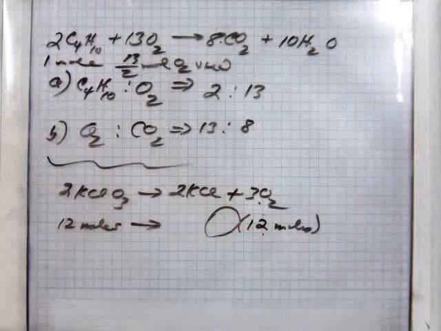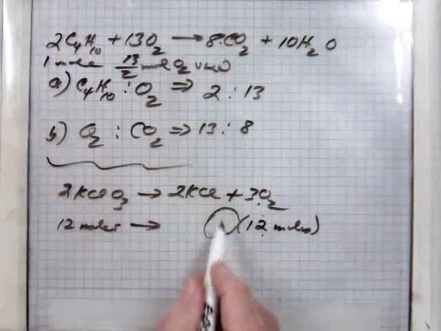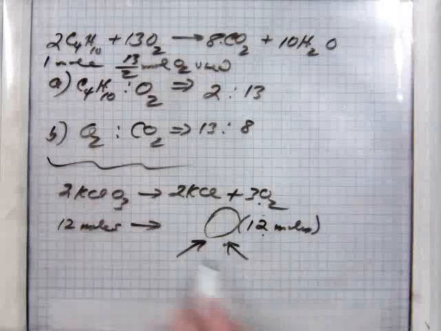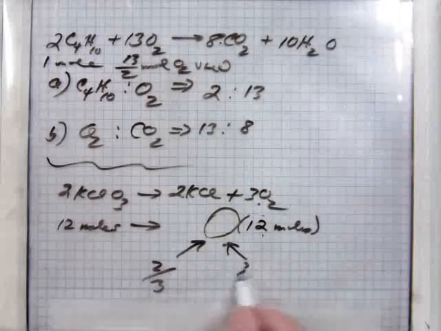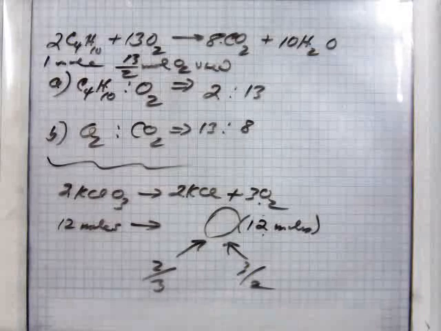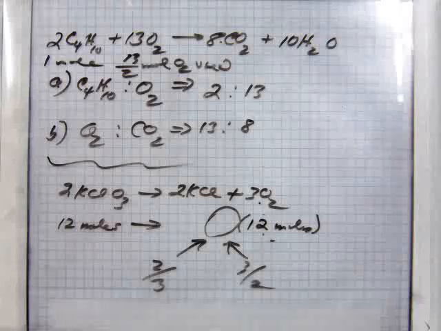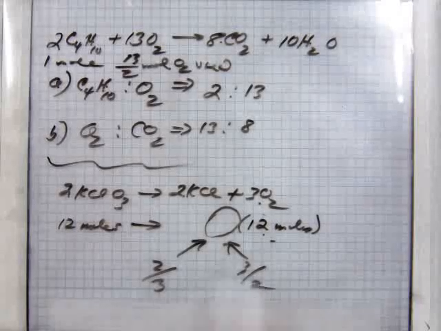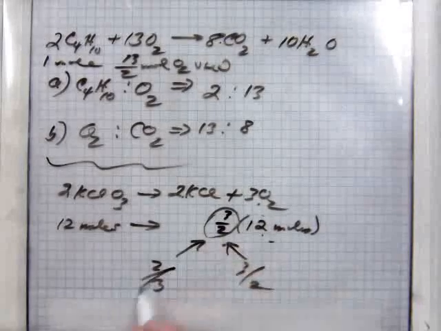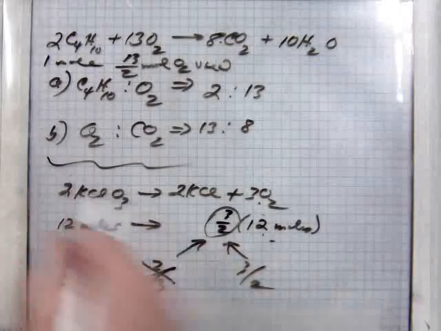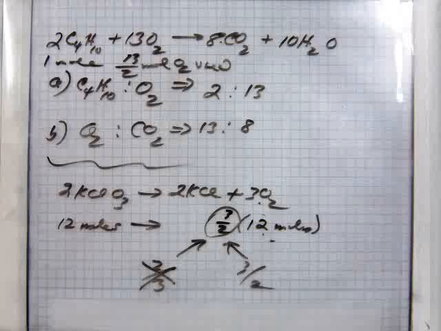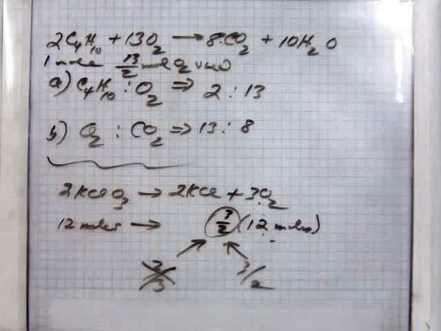Now what does that mean? That means you have the option of using 2 over 3 or 3 over 2 there. Just take the coefficients and make a ratio times whatever the given is. Which of these two would make a bigger number? Well, obviously 3 halves, and you wouldn't use the other one. If it asks for a smaller number, then you would use a ratio of the coefficients to give a smaller number.